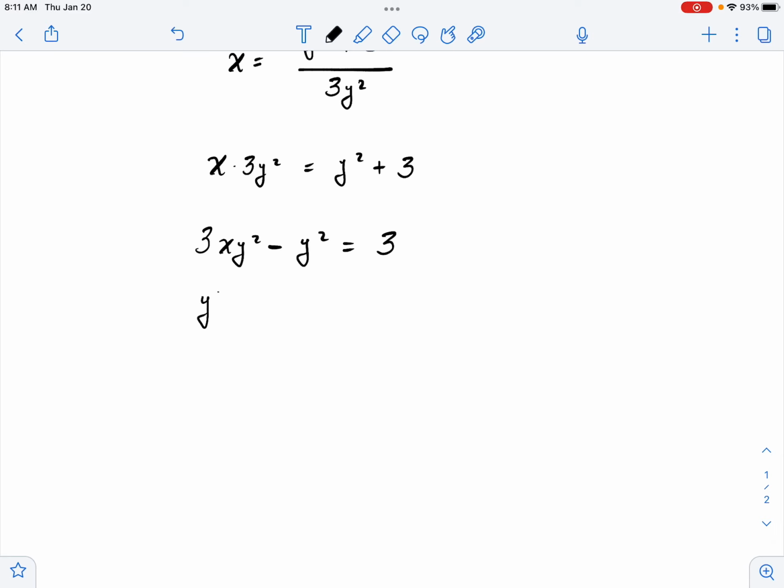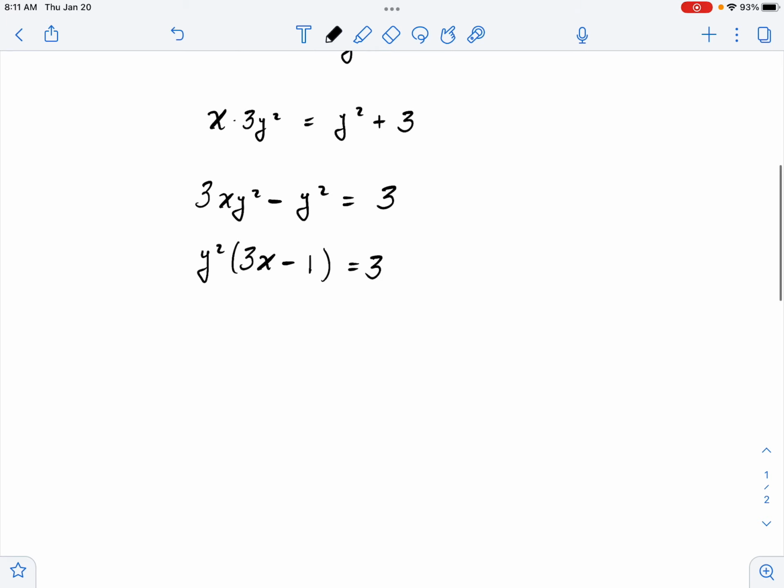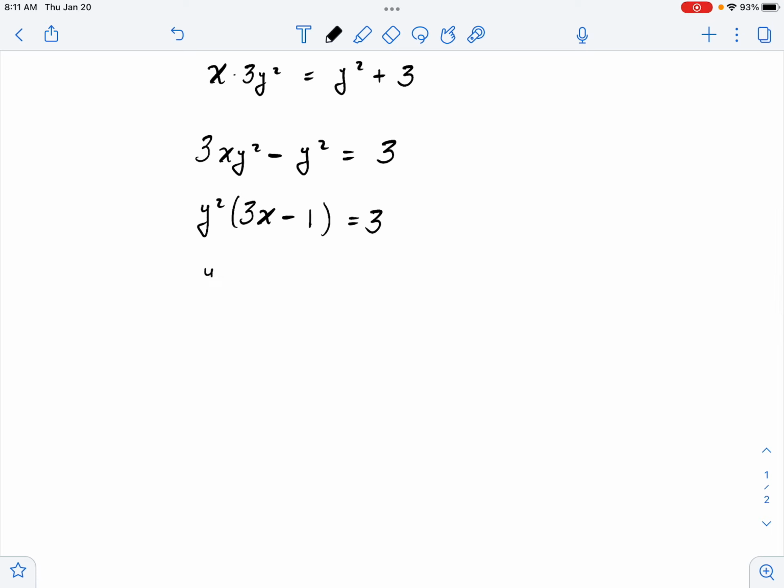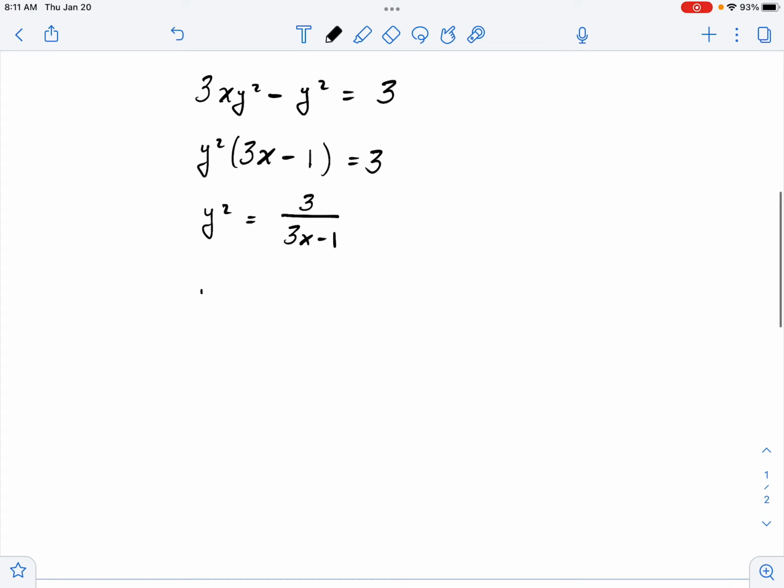So I will have y squared times (3x minus 1) equal to 3. And so y squared is equal to 3 divided by (3x minus 1). And finally, y, therefore, is the square root of 3 over (3x minus 1).